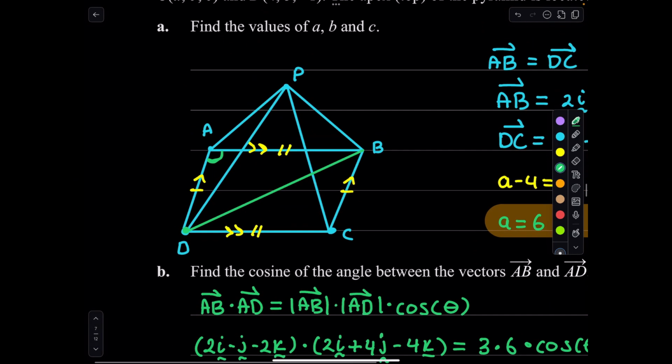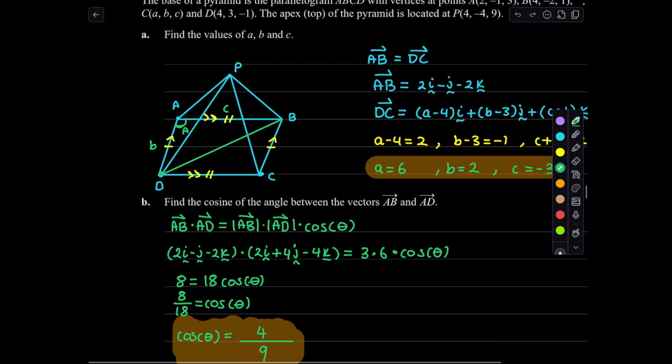So let's call this the angle A, this has the angle B, so this has to be B and this has to be C, and we can find the area of a triangle using that.